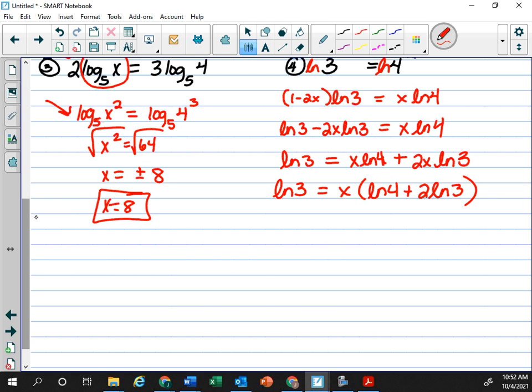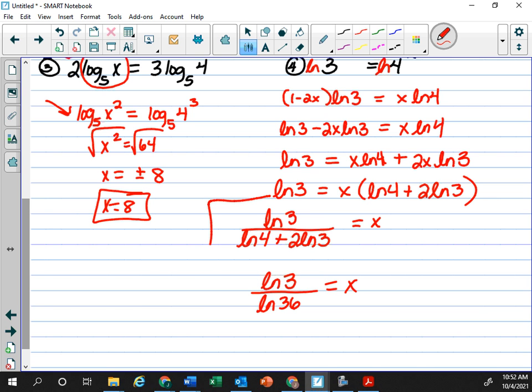Then what do I have to do from there? Divide. Yeah, so your answer is natural log of 3 over natural log of 4 plus 2 natural log of 3. Or if you felt like getting fancy, natural log of 3 over natural log of 36. But you don't have to write it that way. This way's fine. That's just properties. Okay. All right, questions?